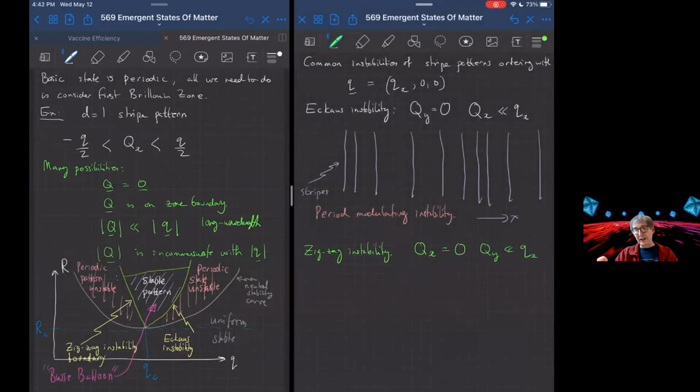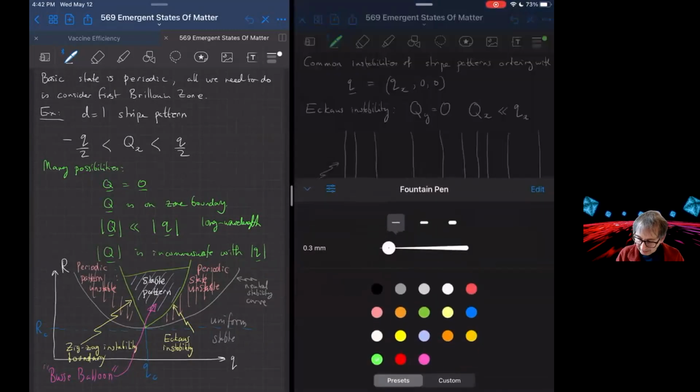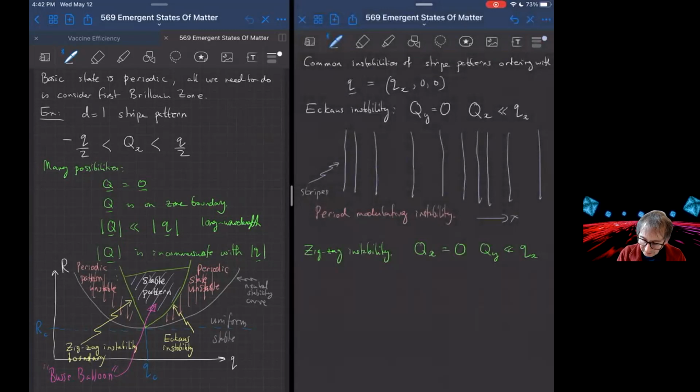So it has a pattern in the y direction, which has a wavelength which is larger than the spacing between the stripes. So what is that going to look like? If I draw the pattern, it's going to look something like this. So these are the stripes, and so on and so forth.